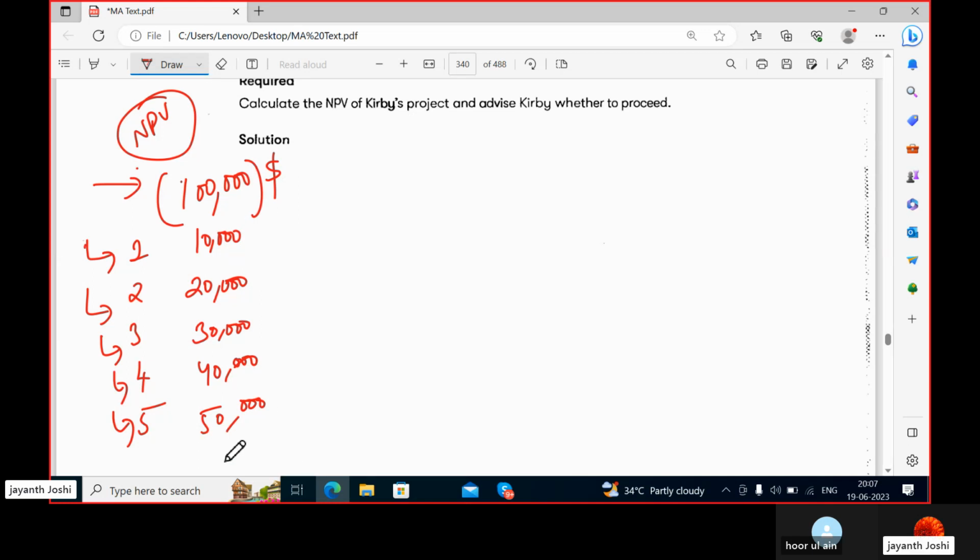That means you will be adding up the present values of the future cash flows as on today, and finding out the present value of all these 5 cash flows as on today. And then you are going to compare that present value of future cash flows with the cash outflow.